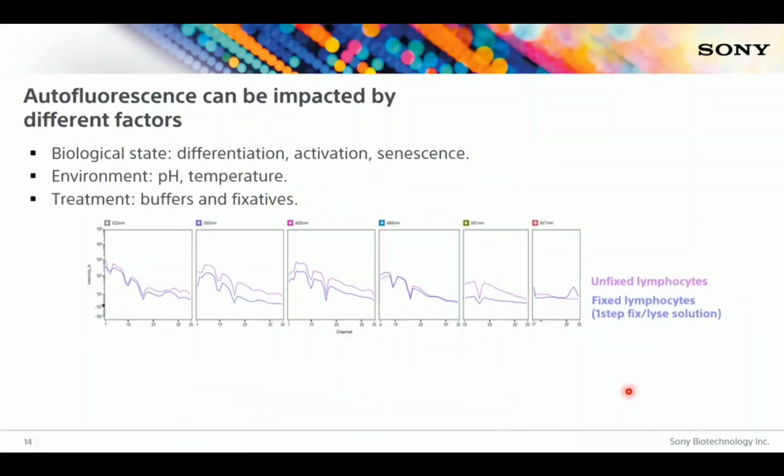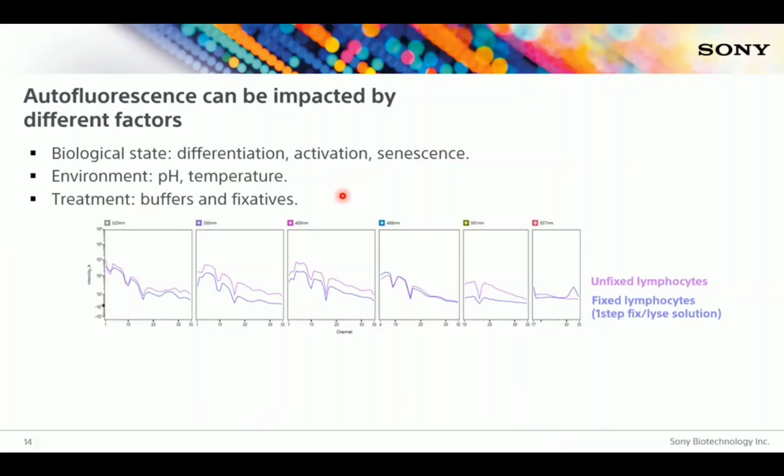It's important to remember, though, that the autofluorescence can be impacted by different factors, such as the biological state, for example, differentiation, activation, senescence. And the environment also can influence autofluorescence, such as differences in pH and temperature.